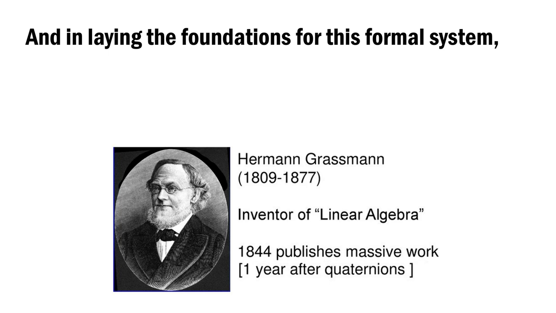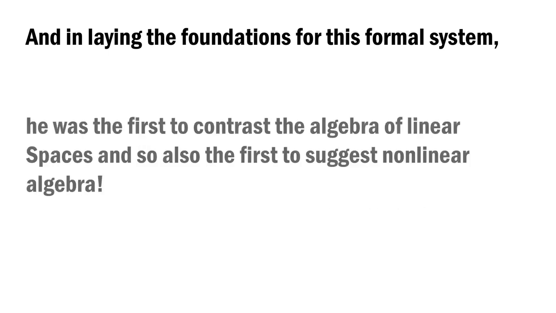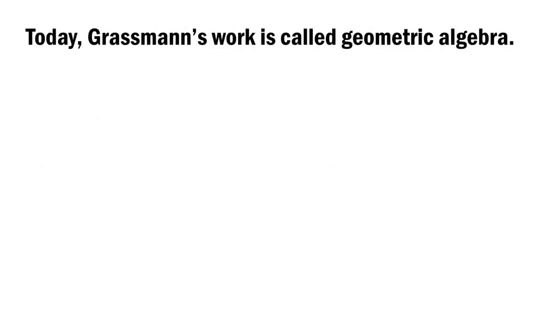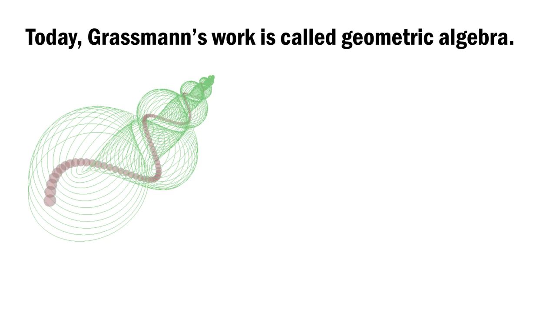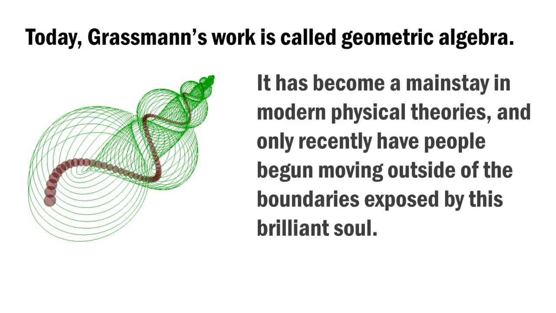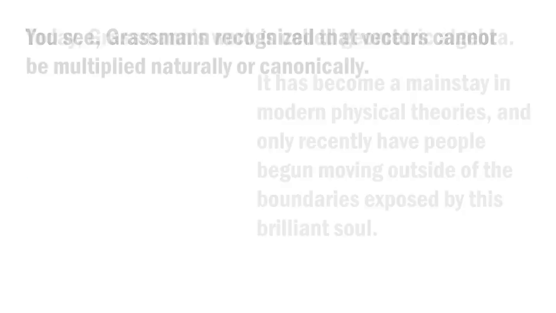And in laying the foundations for this formal system, he was the first to contrast the algebra of linear spaces and so also the first to suggest nonlinear algebra. Today, Grassmann's work is called geometric algebra. It has become a mainstay in modern physical theories, and only recently have people begun moving outside of the boundaries exposed by this brilliant soul.